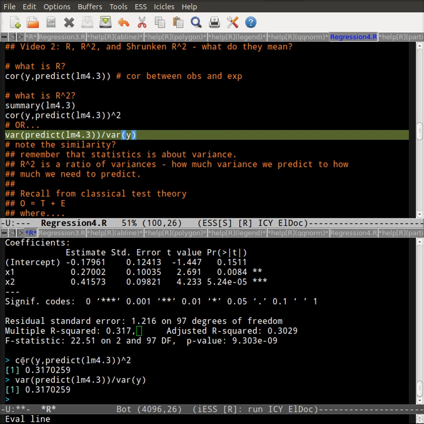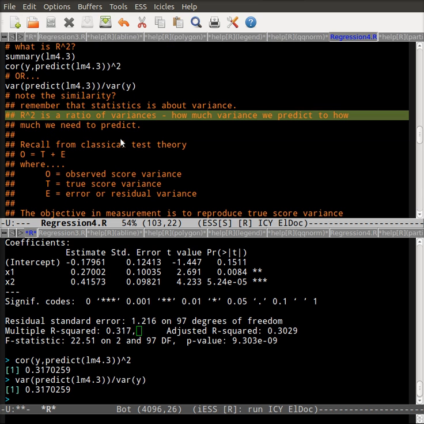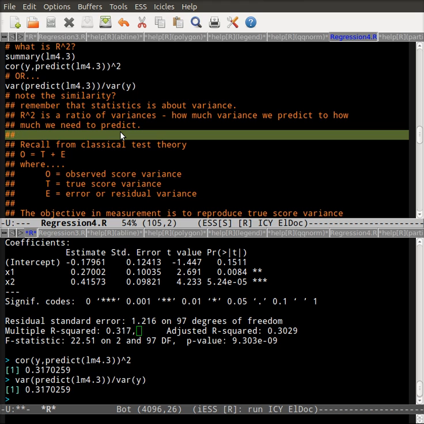One of them is a correlation squared, and the other is the ratio of variances. A lot of you have had me in courses before, and I said a lot of what's in statistics is nothing more than ratios of variances, and that variance is an essential part of all of statistics.